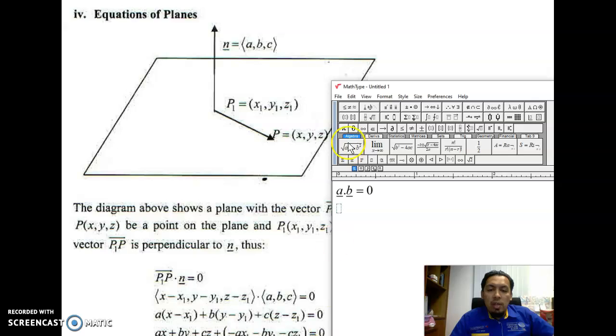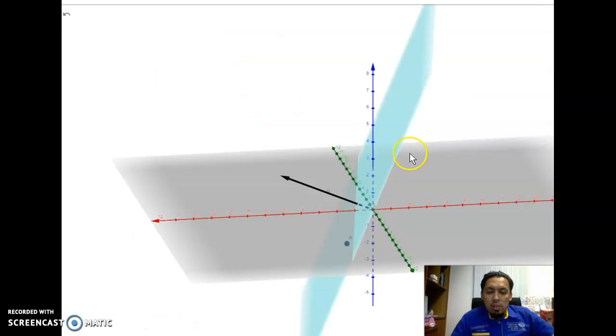For the other vector, maybe they are just giving you the location of one point, one coordinate P with x, y, z, just like we discussed before.